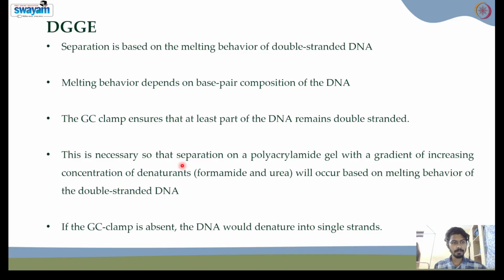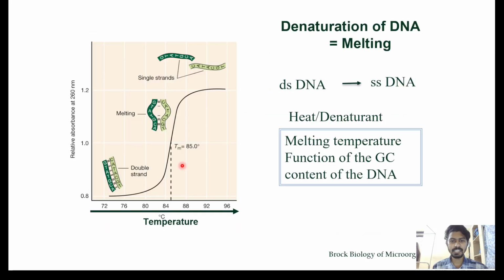So the main principle of DGGE is that we are trying to separate them based on the melting behavior, and we will run the polyacrylamide gel using denaturant or temperature. So now we will see the concept of melting temperature in a DNA. In double-stranded DNA, as I said earlier, A always pairs with T with a double bond, whereas in C and G it is a triple bond.